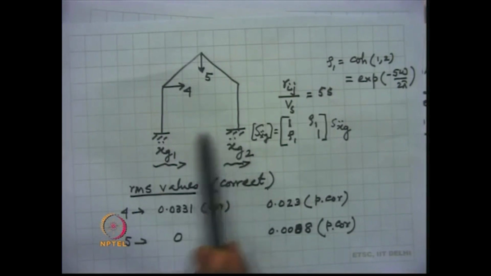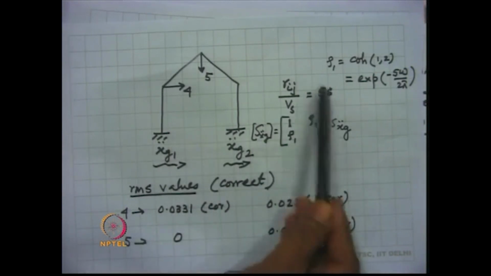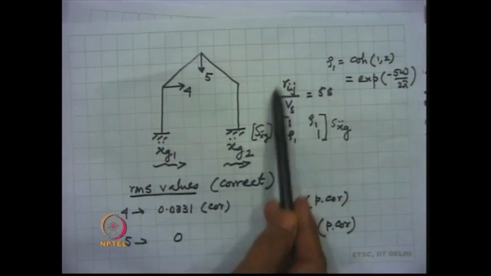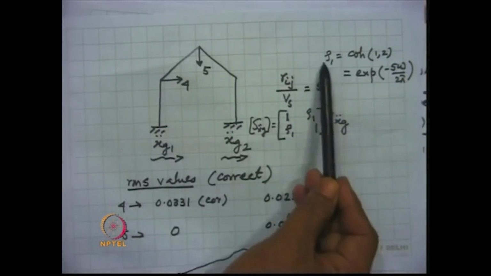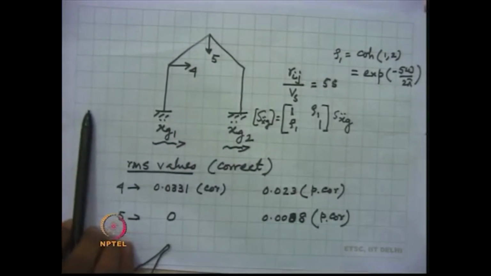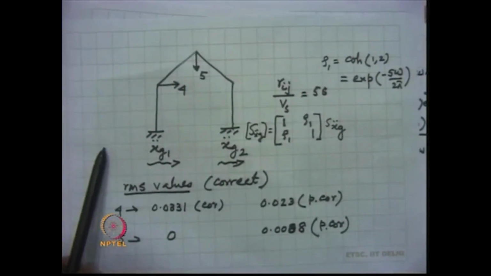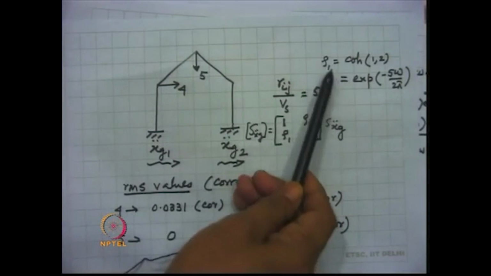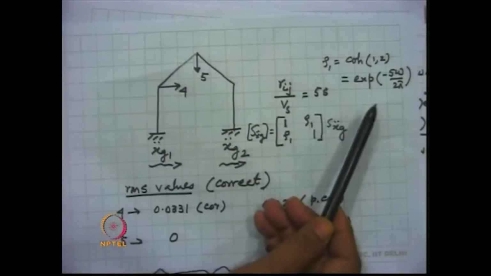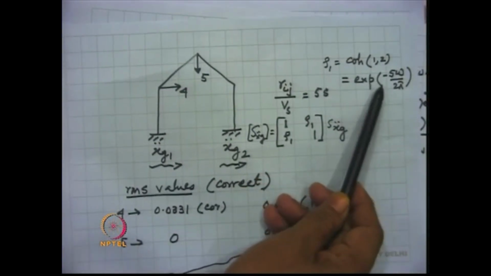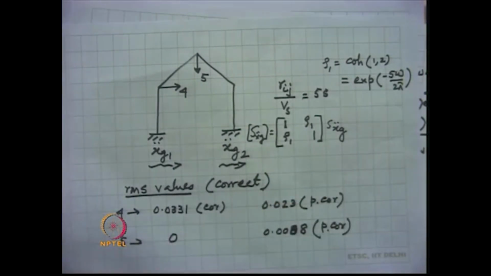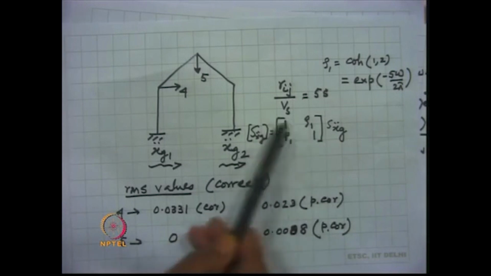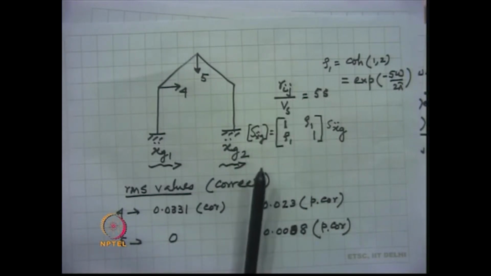The time lag between these 2 points is given as 5 seconds, that is Rij by Vs equal to 5 seconds. So, one can have a coherence function rho defined as exponential of minus 5 omega by 2 pi. With the help of that we can construct the 2 by 2 power spectral density function of excitation.